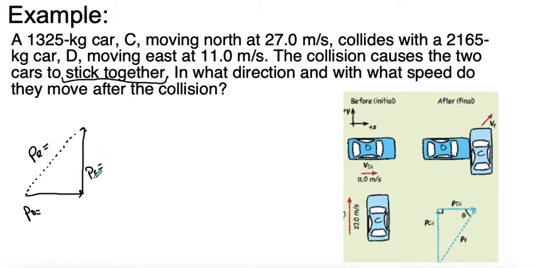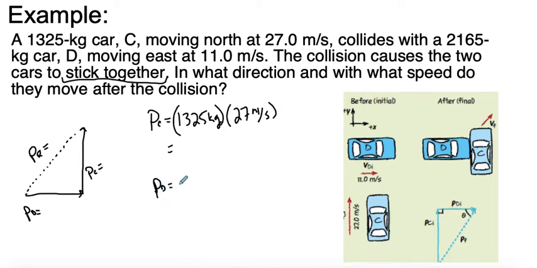Okay, so let's find these values off to the side. So we have car C that has a mass of 1,325 kilograms, and it's moving at 27 meters per second. And then car D, momentum for car D, that one is a lot more massive.